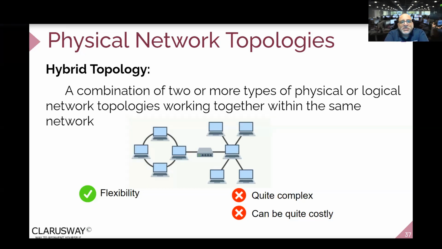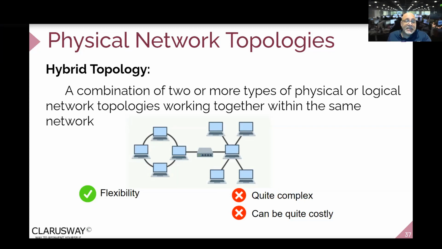So what results is that your advantages and disadvantages are dependent on what the original topologies were, right? So there are lots of reasons why hybrid topologies are used, but they have one thing in common, and that's they're flexible, right? There are very few constraints on the structure of a hybrid topology, and you can incorporate multiple topologies into one hybrid setup. As a result, hybrid topologies are very scalable.